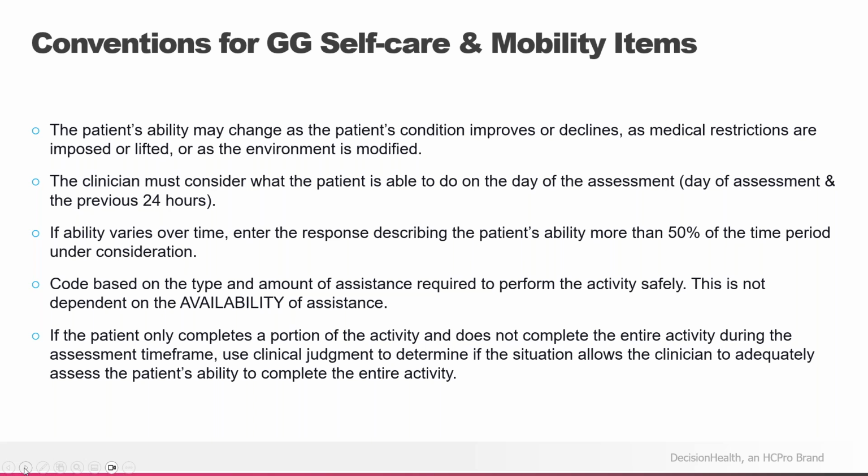So the clinician would have to use their clinical judgment to say, if they had been able to complete this task, how would they have done it? A lot of times if they're not able to complete it, it's because physically or mentally they're not able to complete it. So it may not be that they could have completed the entire task. It just depends on the situation, and you have to look at the whole chart holistically to decide what that response would be.